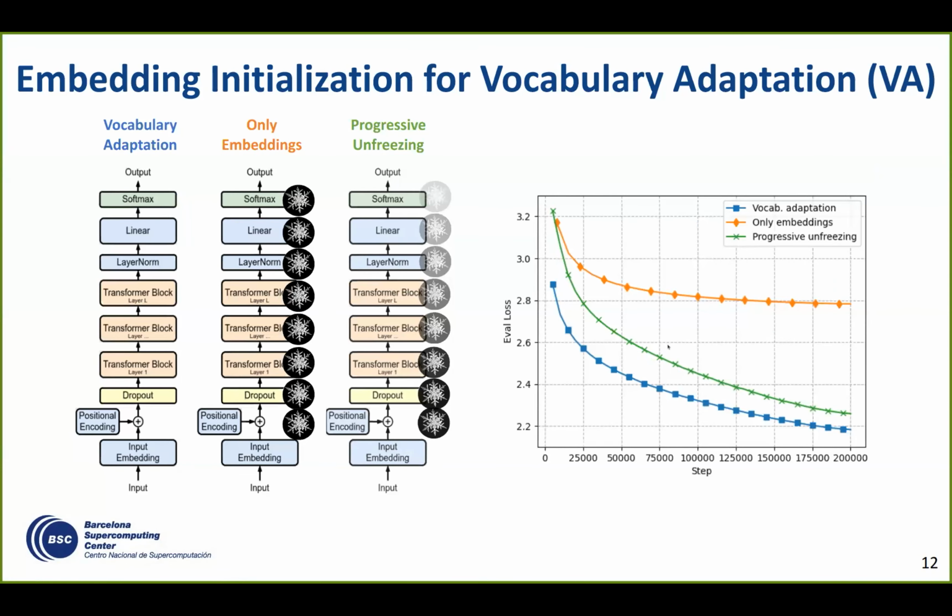We looked at 3 alternatives here. The first was, as he mentioned, to directly train the full model weights with the new data. The second was to freeze the transformer layers and to train just the embedding layer. And the third option was to freeze the whole model and then gradually unfreeze it layer by layer as a kind of warm-up.